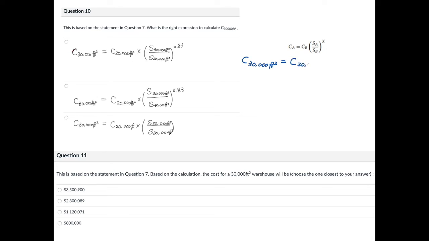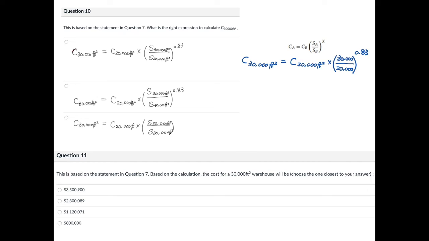So C 20,000 square foot, and times a ratio, which is between the sizes. So the size above the bar is SA, so that's gonna be the size of the unknown warehouse, which is the 30,000. And then the size beneath this bar is gonna be the size of the warehouse you know the price, so it's gonna be 20,000. Okay, and then the X is given as 0.83.